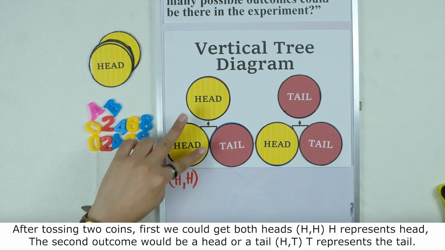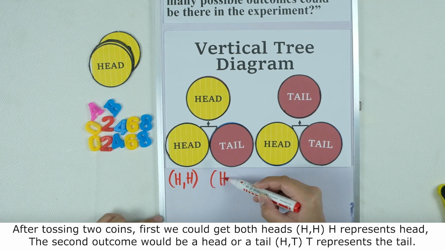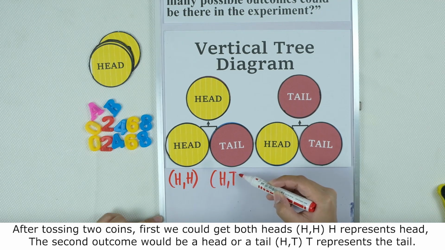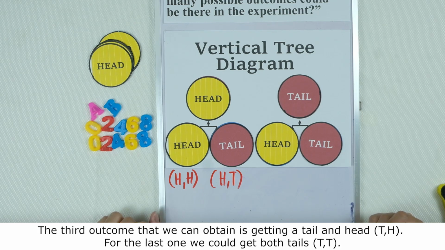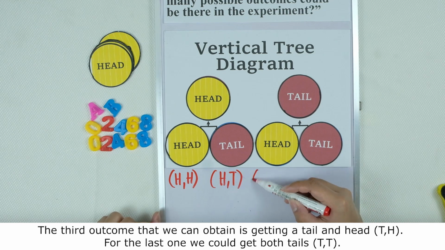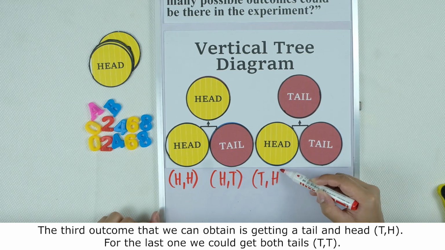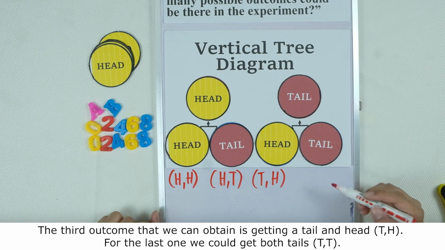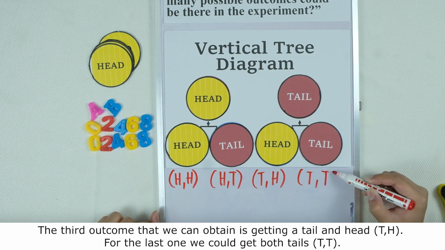The second outcome would be a head and a tail. T represents the tail. The third outcome that we can obtain is getting a tail and a head. For the last one, we could get both tails.